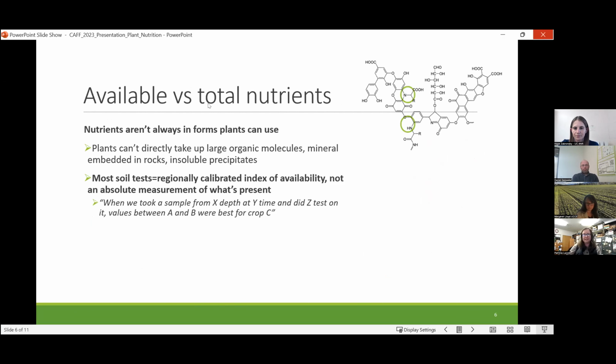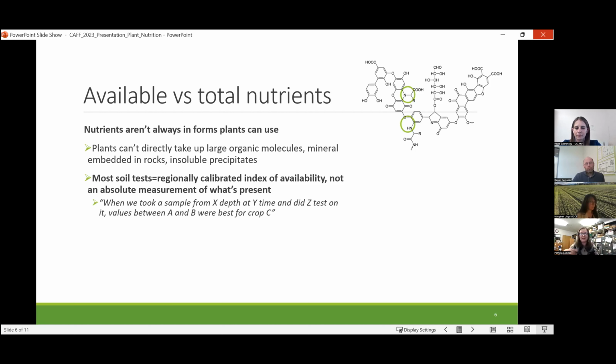Another distinction that's important to remember is between available and total nutrients. Not every nutrient that's in the soil is available for plant uptake. Plants can't directly take up large organic molecules. They can't take up potassium that's part of a rock. They can't take up phosphorus that's precipitated out with calcium.